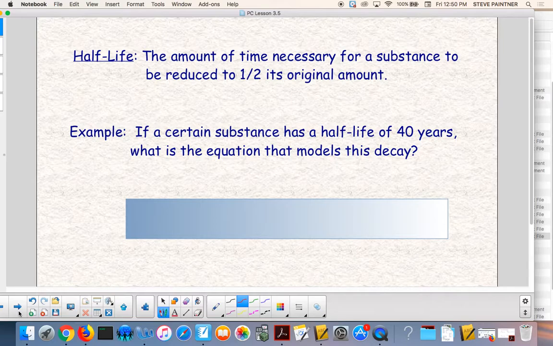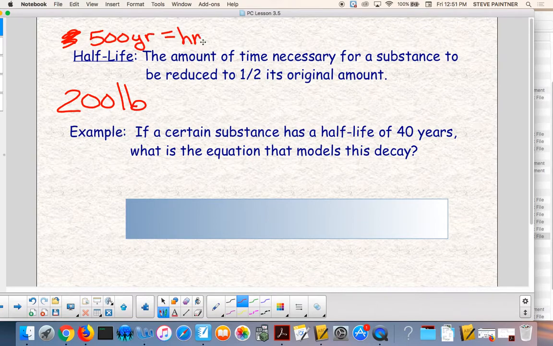Okay. So, if you were told that something disintegrates, let's say, to half its weight after 200 years. So after 200 years, let's go, something weighs 200 pounds, and I tell you, I don't want to use 200. How about this? 500 years go by, that equals the half-life, okay?